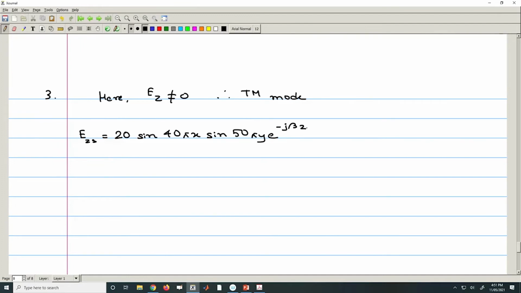Okay, so here Ez is non-zero, therefore, it is a TM mode. Now, it is given that Ez is 20 sin 40 pi x sin 50 pi y e to the power minus j beta z.